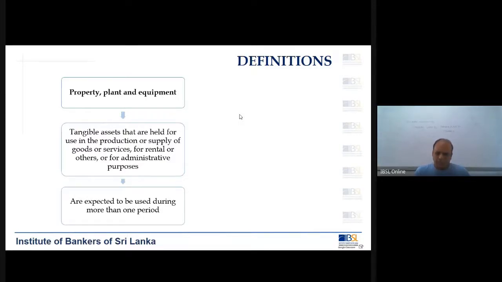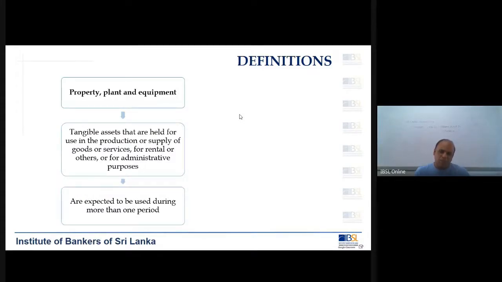Yes, it can. But by having this water bottle, are you going to produce or supply any goods or services? No. Then secondly, are we expecting it to be used during more than one period? Used during more than one period generally means we consider it to be used for more than one financial year.